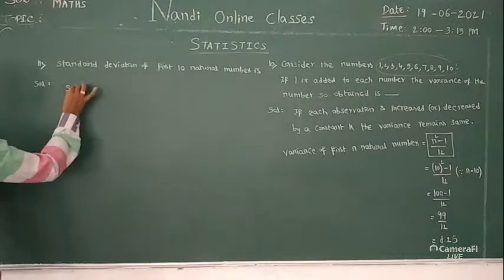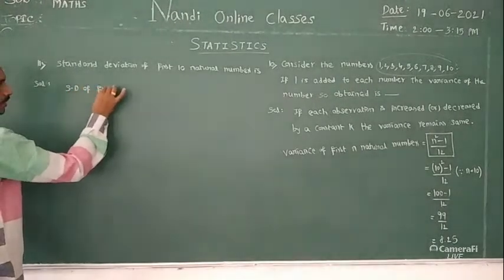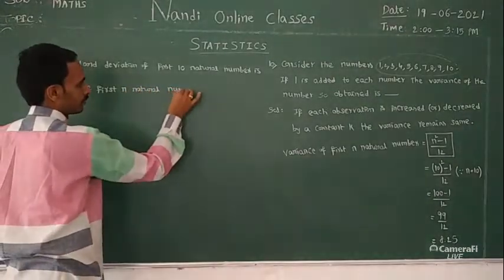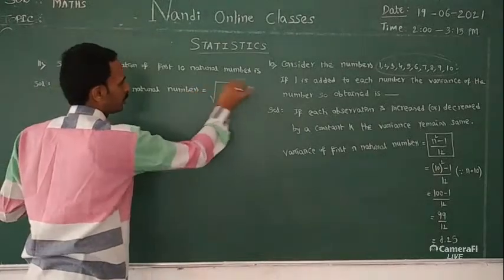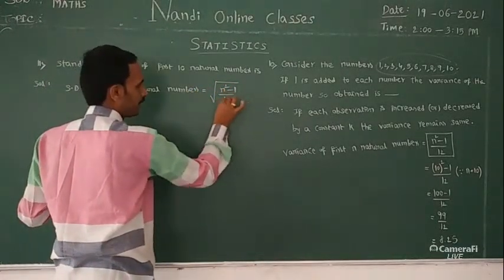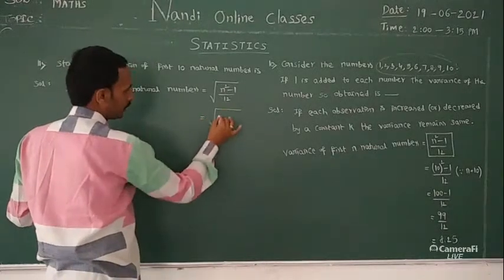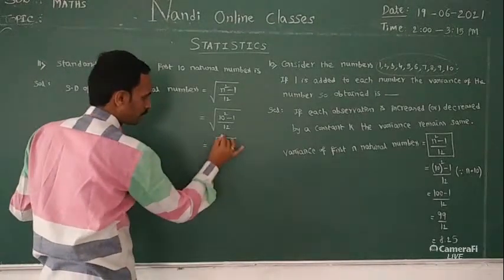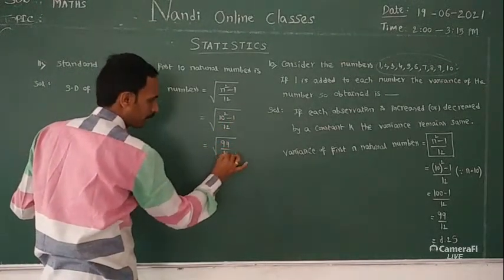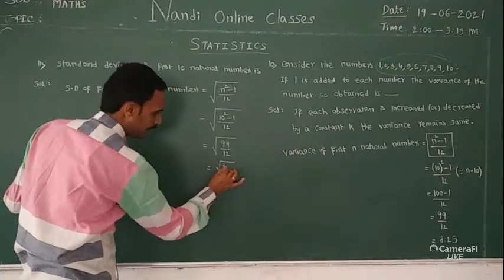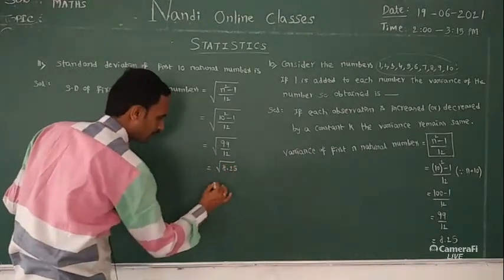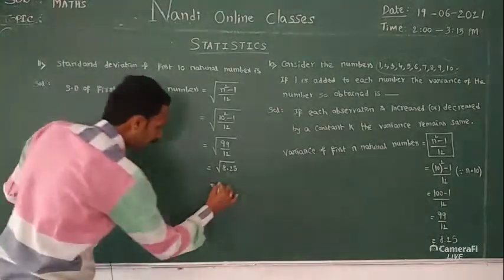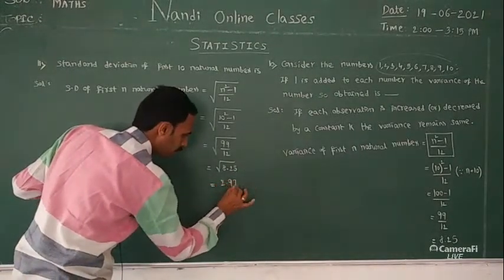So SD of the first n natural numbers is equal to root of n square minus 1 divided by 12, is equal to root of 10 square minus 1 divided by 12, because of 10 natural numbers, is equal to root of 100 minus 1, 99 divided by 12, is equal to root of 8.25, which is approximately 2.97.